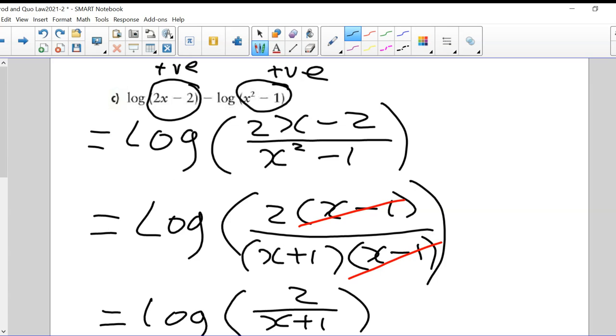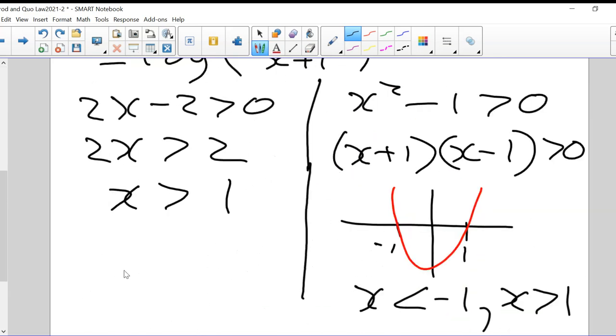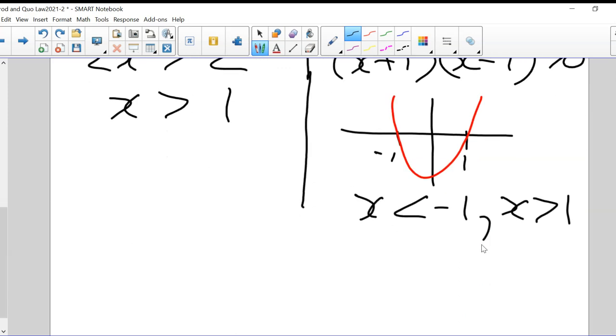For both sides of the fence to share common ground, look at what the first side said: I'm happy when x is greater than 1. This one says, I can be happy when x is greater than 1 or x is less than minus 1.